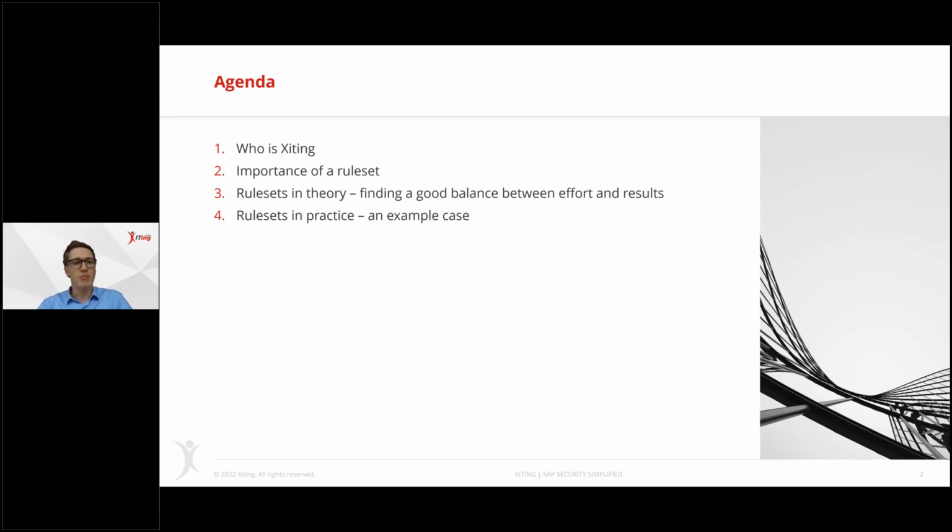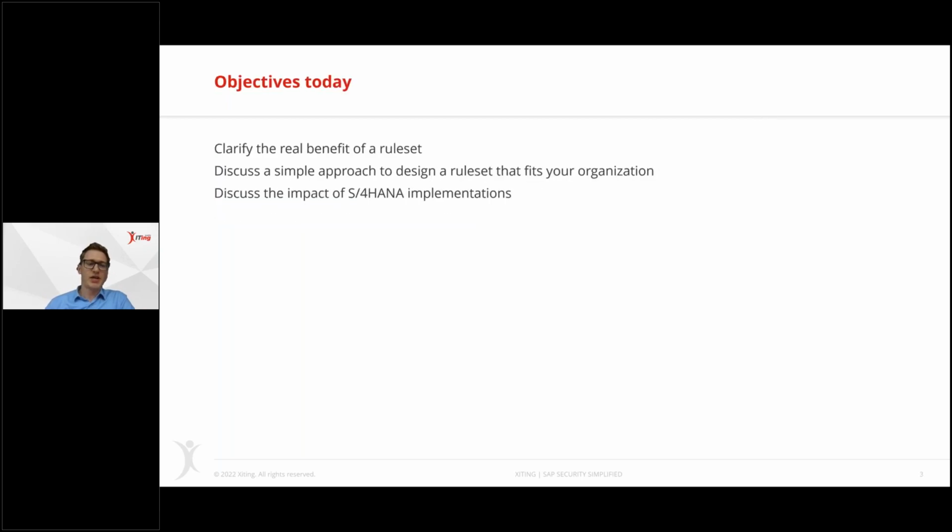So we have a good example from one of our recent projects, basically last year, where we had implemented a rule set step by step, so process-wise. We will have a look at that later, just to emphasize and to make it a bit more tangible for you how we approach the rule set design and how we support our clients in implementing such a rule set and bringing it alive.